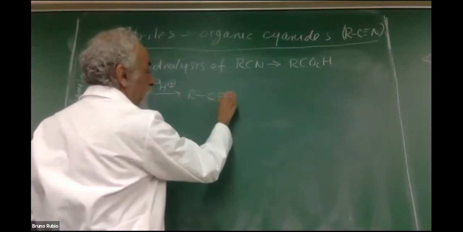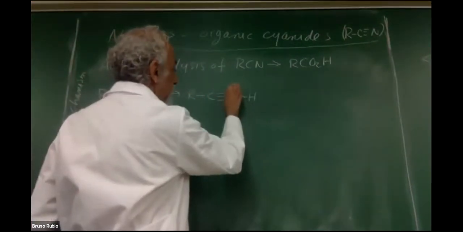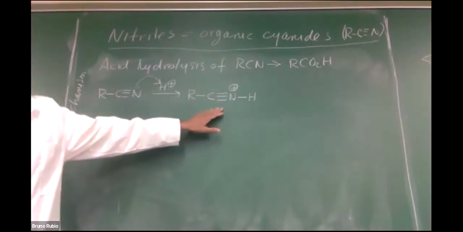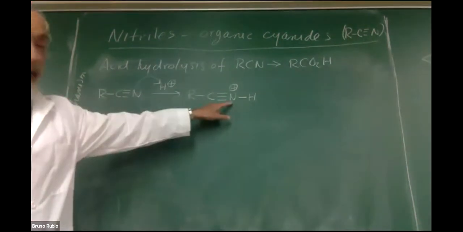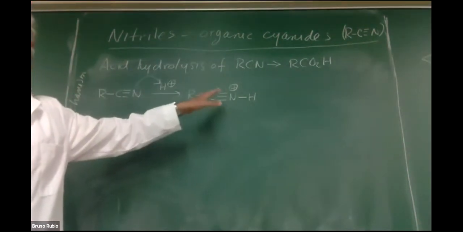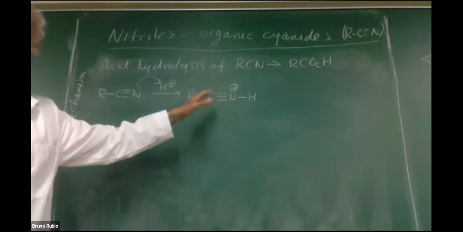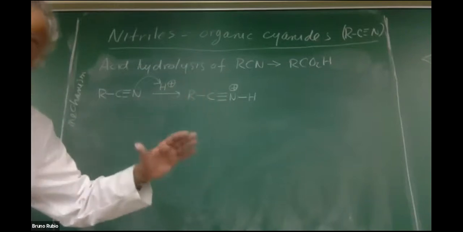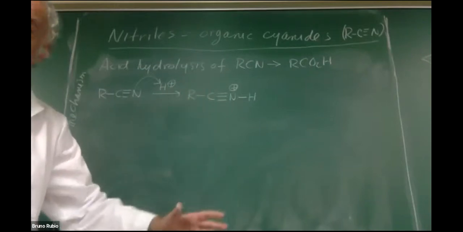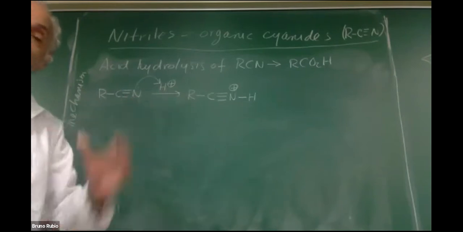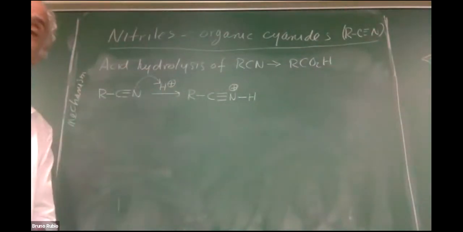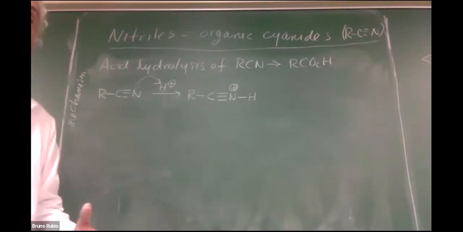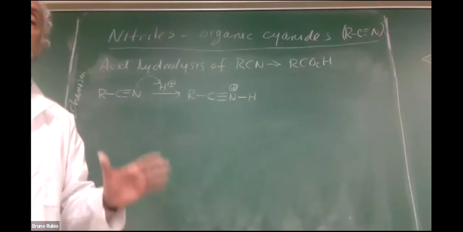All right, so now we have an intermediate that looks like this. We see that the nitrogen has a positive charge. It doesn't like to have a positive charge. It would rather be neutral or negative because nitrogen is pretty electronegative. We've said the very same thing about oxygen bazillions of times. A positively charged oxygen is not happy. It wants to lose the proton, become neutral, or become negative.